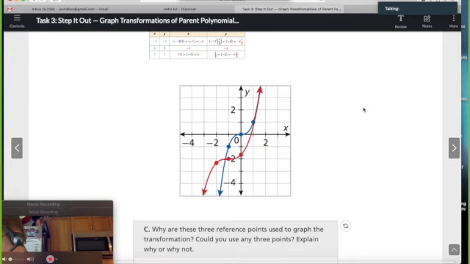Again, -1, 0, 1. And then our new function, if we start here with our vertex, you go over that way 1, our middle there, and over that way 1. So that's what these 3 points are referring to.